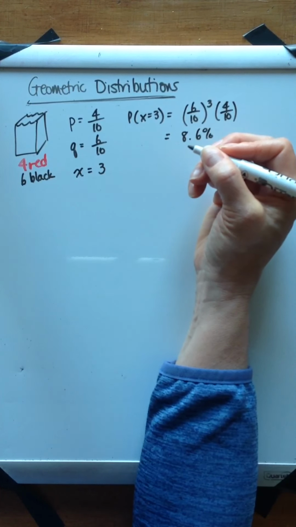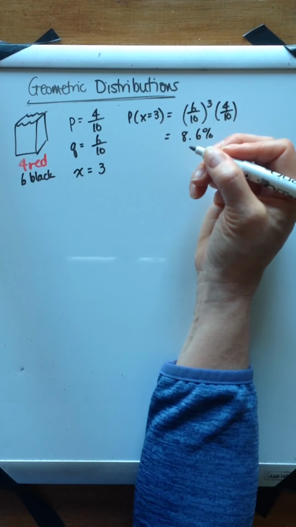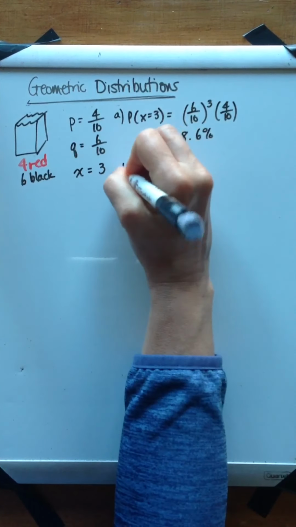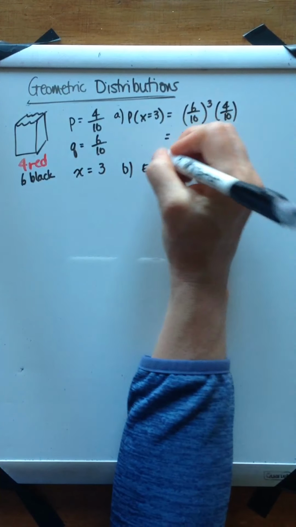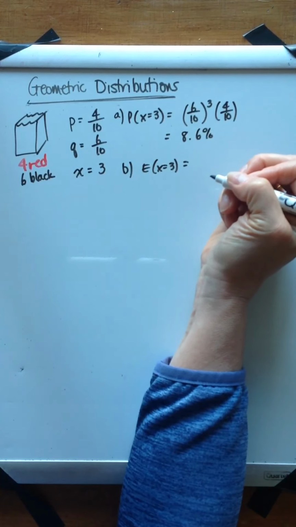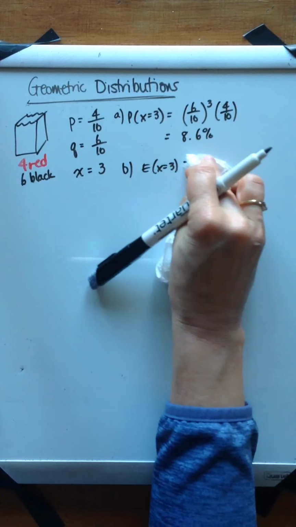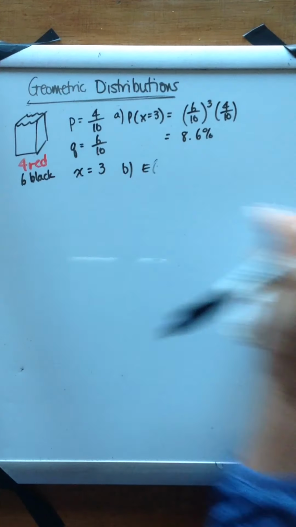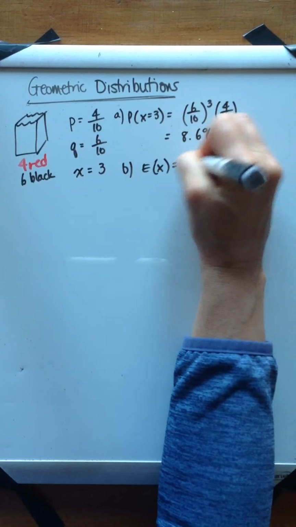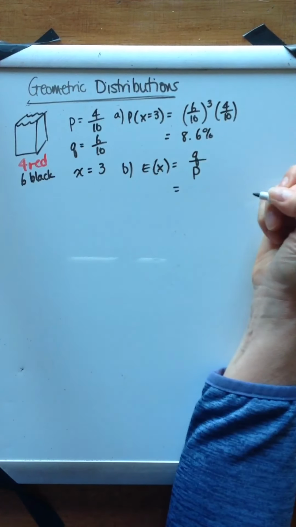How many turns would you expect to wait until you get a red nib? So let's do the expected value here. E of x is equal to probability of failure over probability of success.